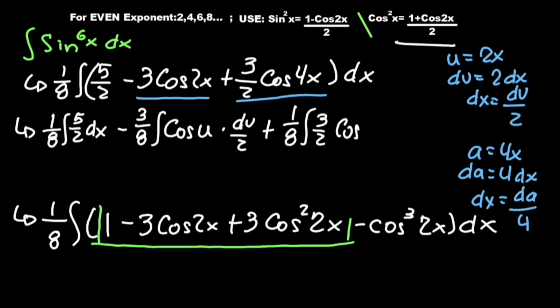So this would be cosine of a multiplied by dx, which is da over 4. Wait, let us simplify this. 3/2 multiplied by 1/8 would be 3 over 16. And multiply 16 by 4, which would be 64.